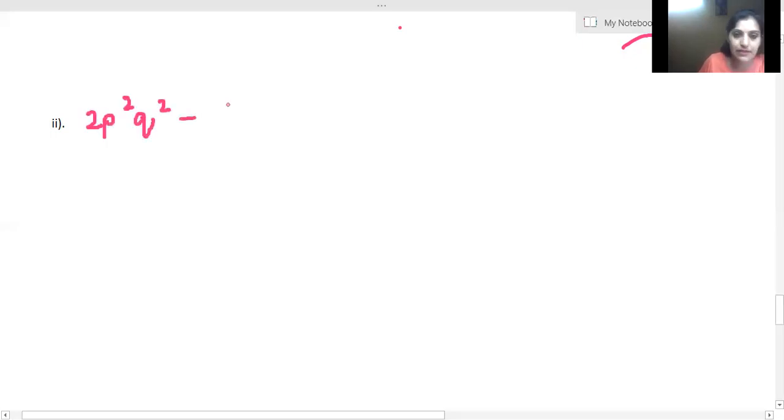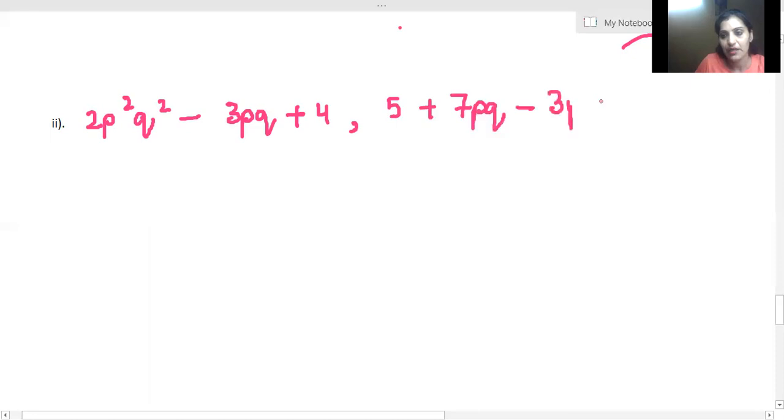Right Rashi? So the next part is 2p square q square minus 3pq plus 4, comma, 5 plus 7pq minus 3p square q square. Right?